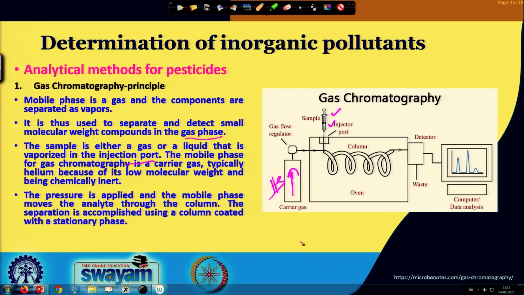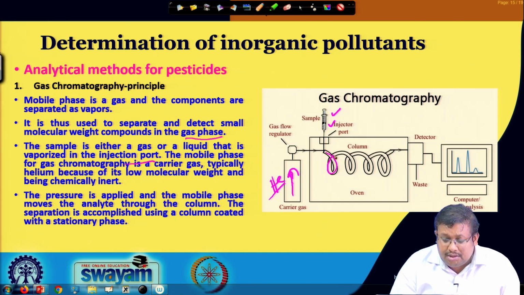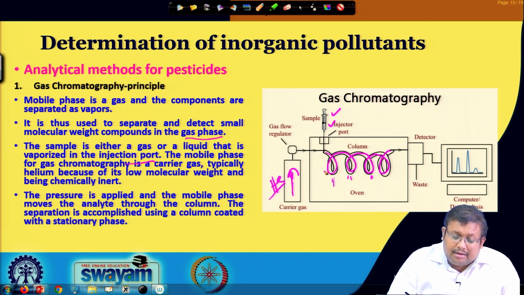So, pressure is applied and the mobile phase moves through the column with the sample, and the separation is accomplished using a column coated with the stationary phase. We are injecting the sample and flowing this carrier gas or the mobile phase, which is helium.